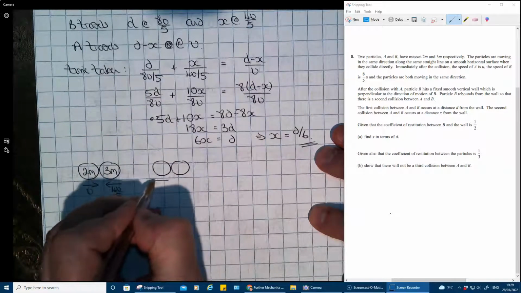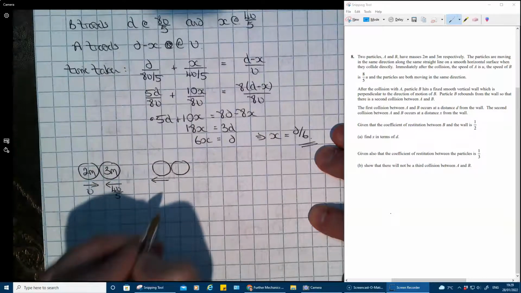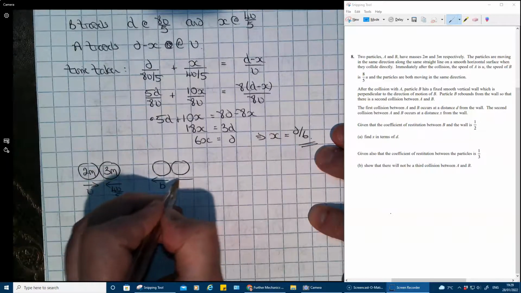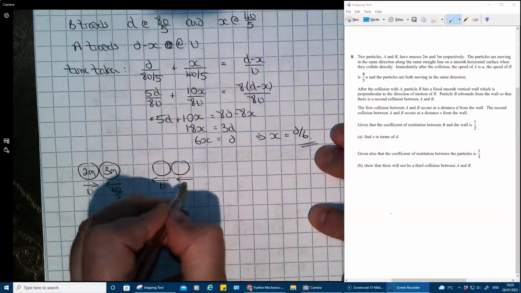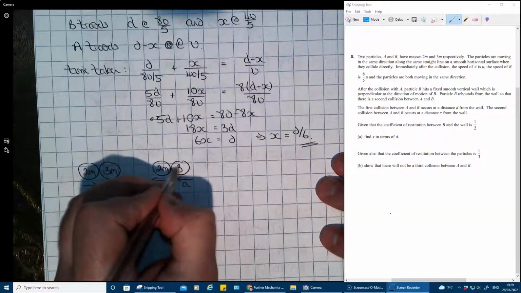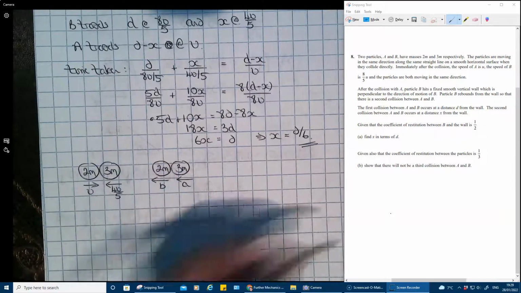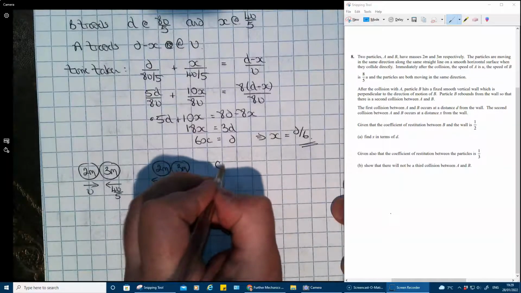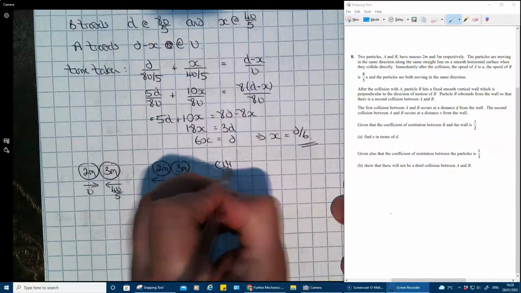we're going to have this scenario. B and A. You don't really know which direction they're going in. I could have picked A bouncing back just as easily. So, conservation of linear momentum.